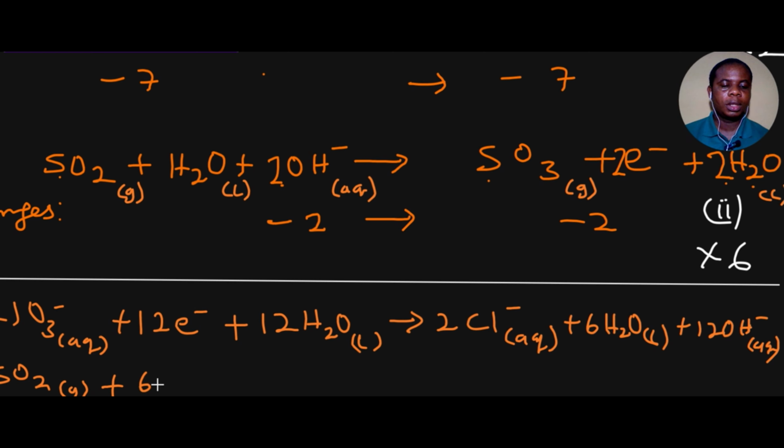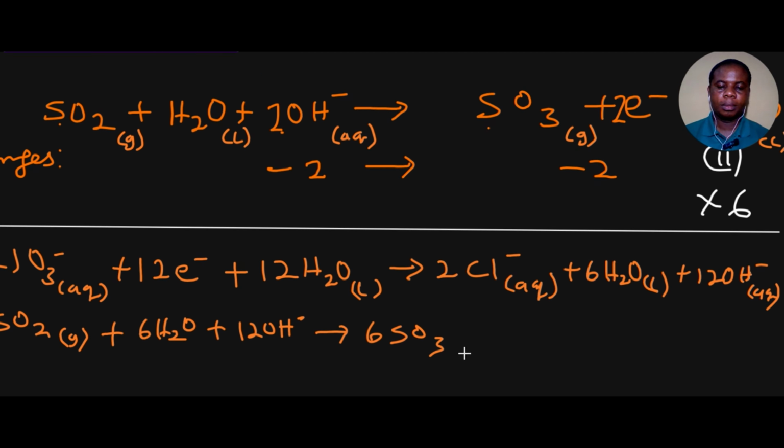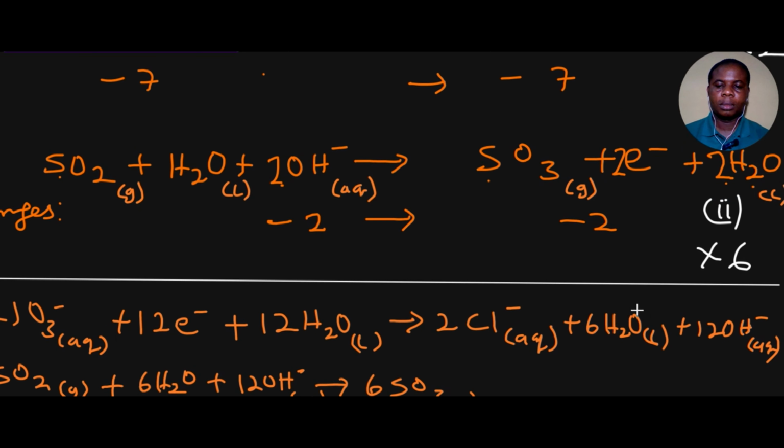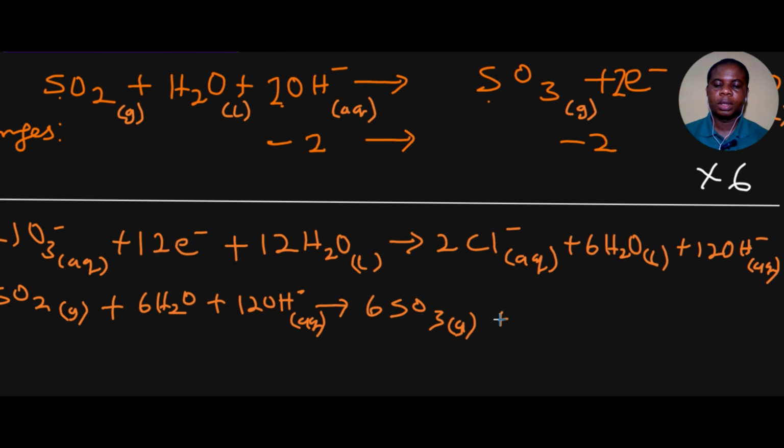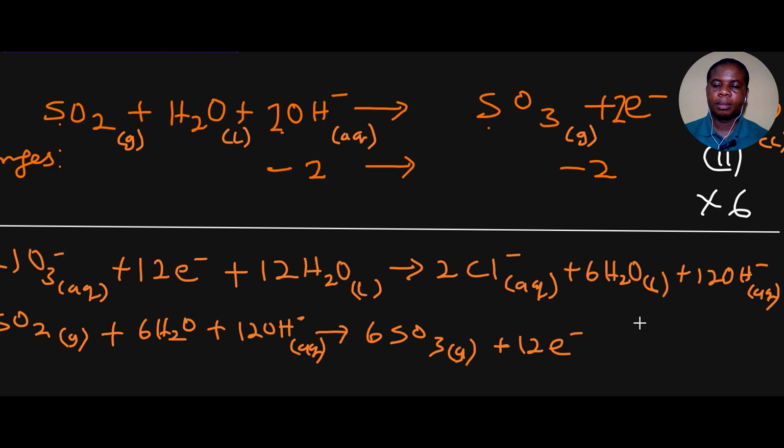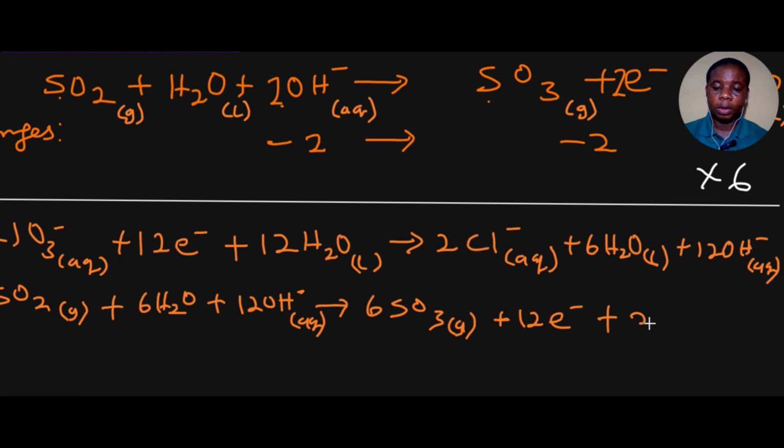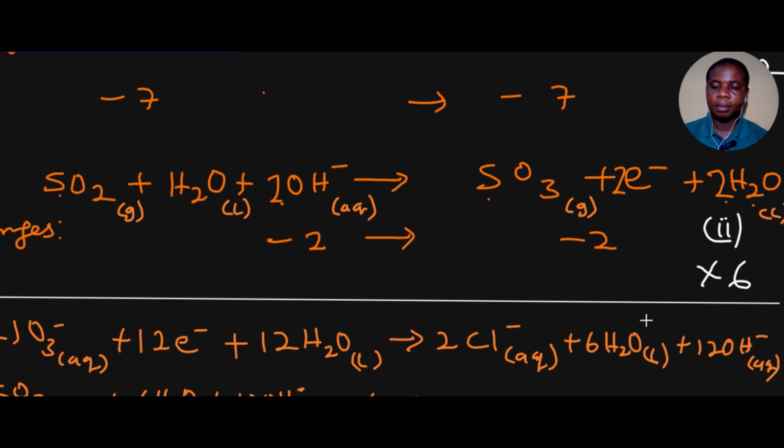Plus 6 water molecules plus 12 hydroxide to give 6 SO3 plus 12 electrons plus 12 water molecules.